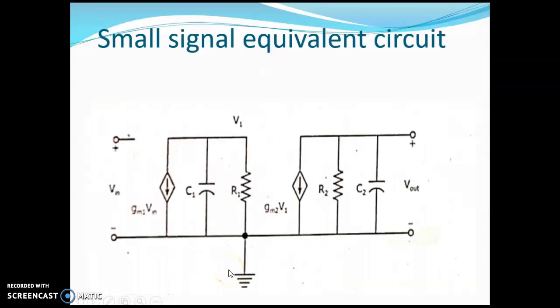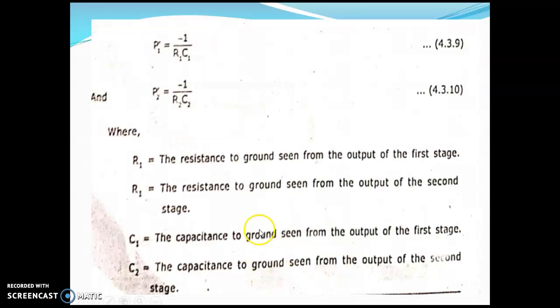Here we will be taking the poles. You can see the resistance to the ground seen from the output of the first stage here, and this is the second stage.